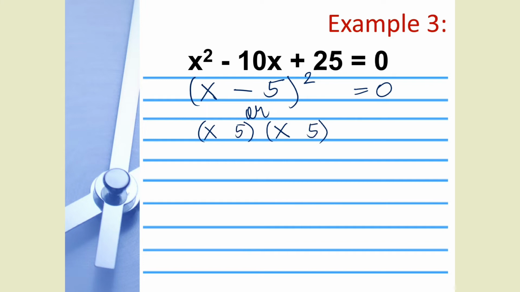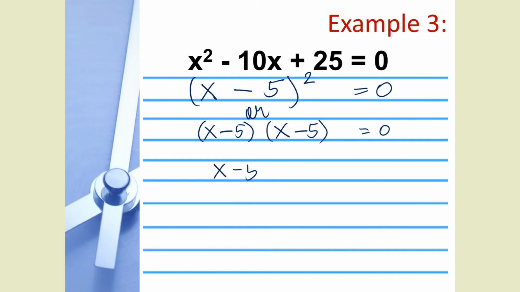Kaya lang, middle term nga ay negative, tapos positive itong 25. So, para maging positive, dapat magkatulad ng sign. So, ang gagamitin natin ay negative 5 times negative 5. So, magkatulad lamang itong dalawa na ito. So, dahil magkatulad lang po yung naging factors, x minus 5 times x minus 5, isa lang yung magiging solution.